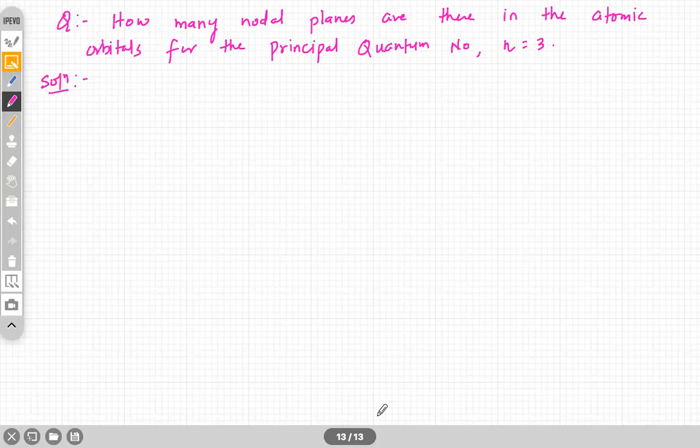How many total nodal planes? Means with n equal to 3, whatever orbitals are associated, count the nodal planes for them.